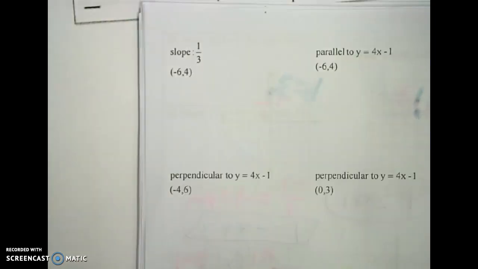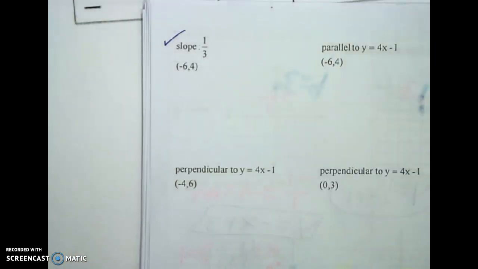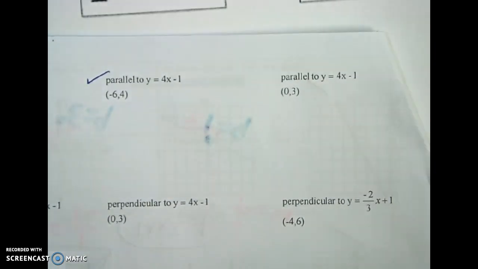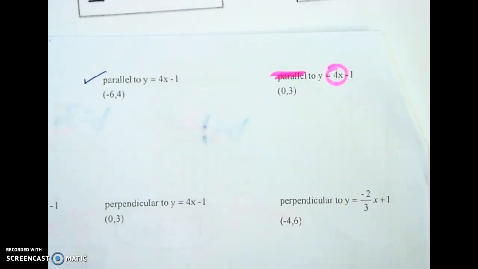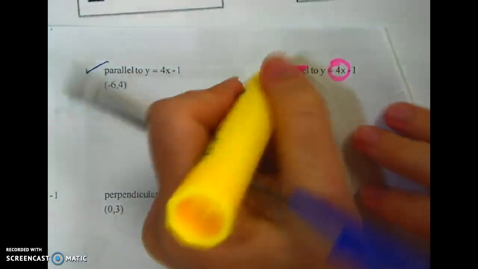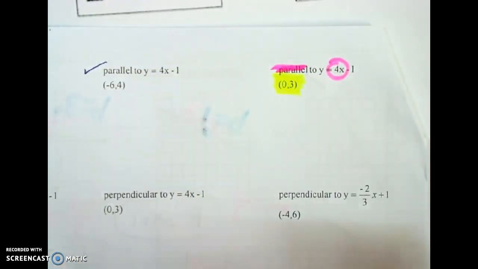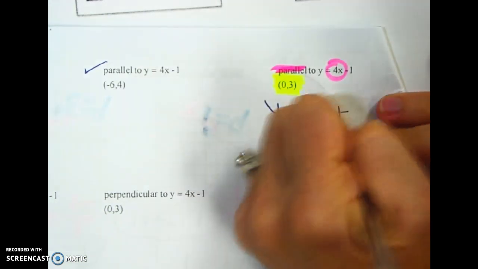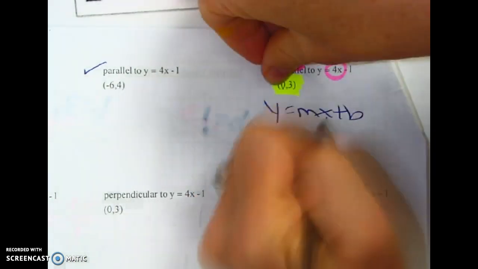Okay. This one you did in class. So we'll do this one. Remember what parallel means. Parallel means you have the same slope. And I take the point. And now this problem is like your first one that you did on the previous page. Y equals mx plus b. Plug 0 in for x.